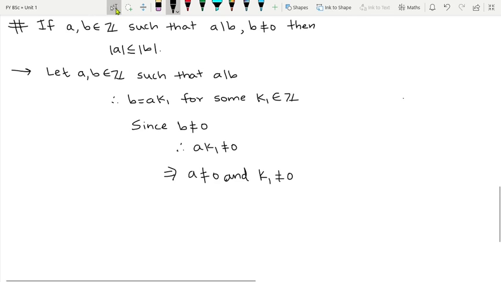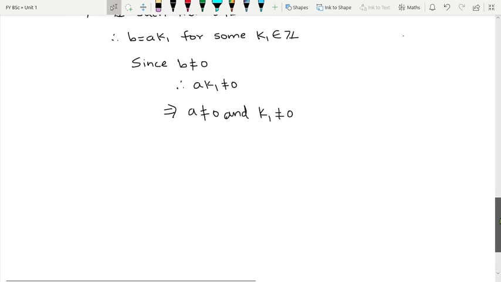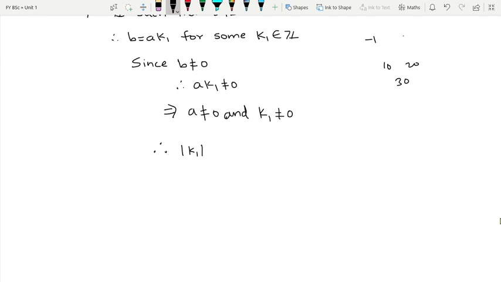Now since k1 is non-zero, we are interested in k1 actually. So since k1 is non-zero, what can you say about mod k1? If you take any non-zero value, for example 10, 20, 30, minus 5 or minus 11, my point is, if you take modulus of them, what is it going to be?